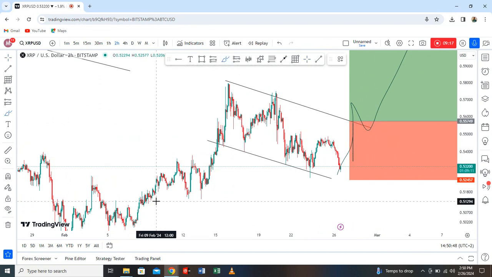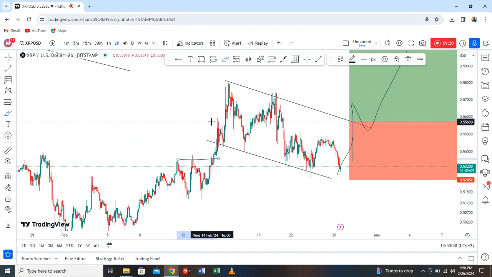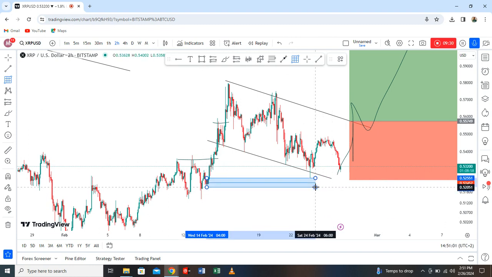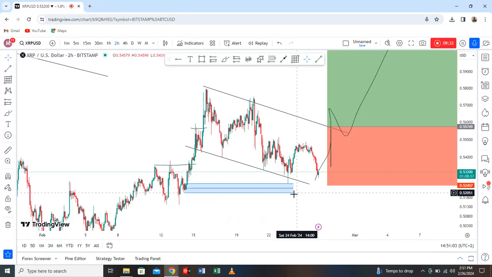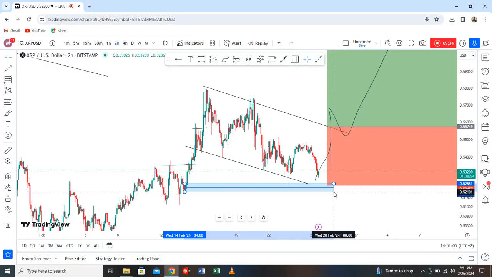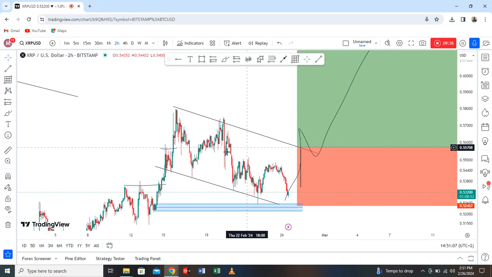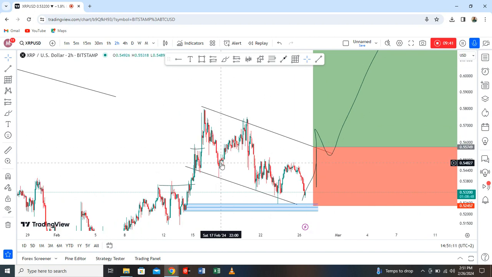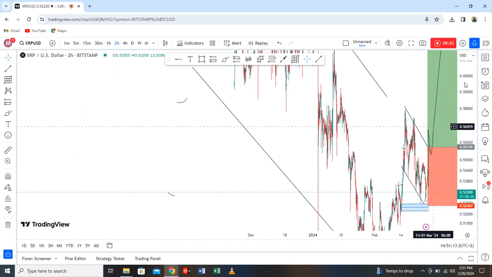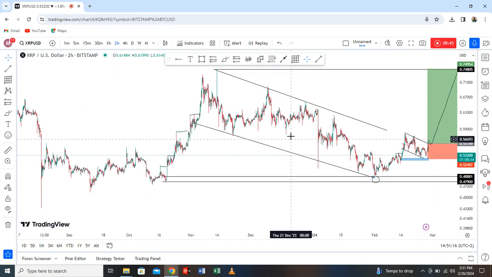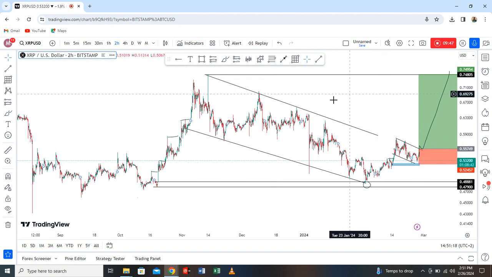As you can see, a lot of break of structures like this. There are a lot of unmitigated order blocks, but this one here has been mitigated. So I'm just gonna extend this one up until here. If I don't get a nice falcon pattern here, I'll be looking for SMC entries, guys. But this one is purely a falcon entry.